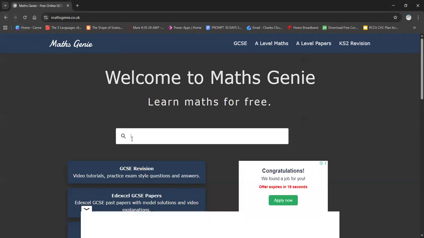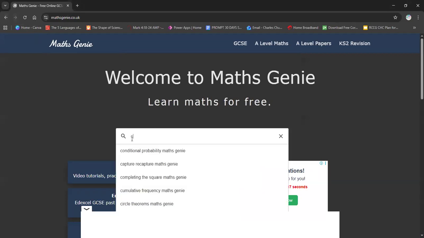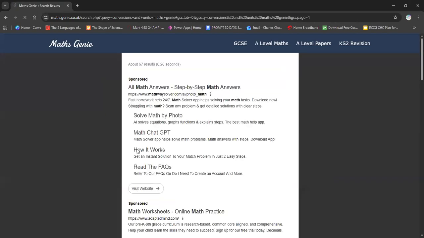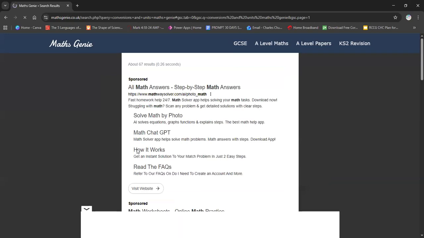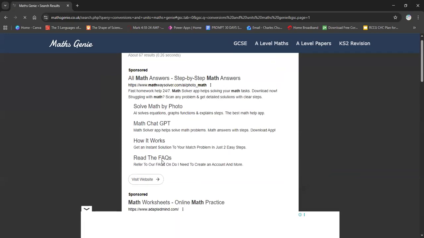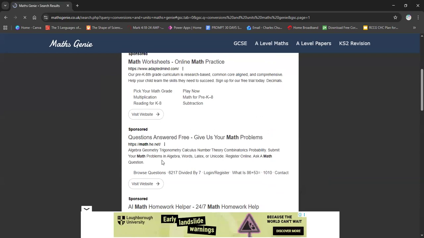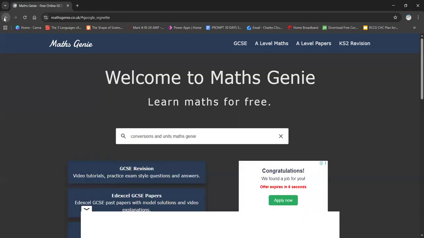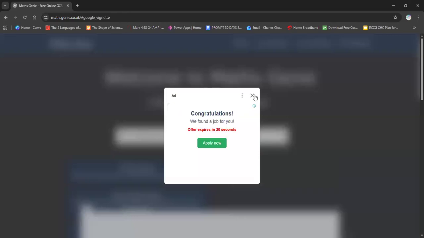Conversion graphs. Okay, conversion and units. I think it was conversion and units. Okay, no, it's not conversion and units. I think it was conversion. Let me just use the conversion graphs that I've been using to search.